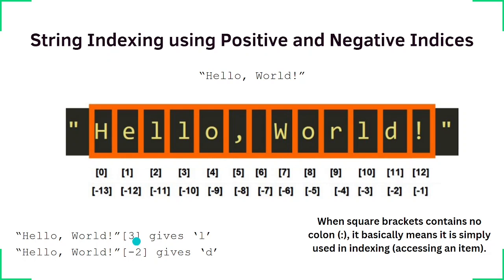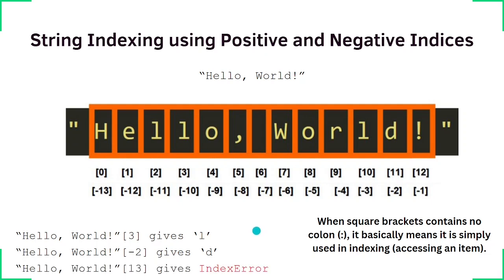That means we are using indexing, not the slicing technique, which is the next slide. So remember that if there's no colon, we are simply doing indexing. If there are one or two colons, then we are doing the slicing technique.